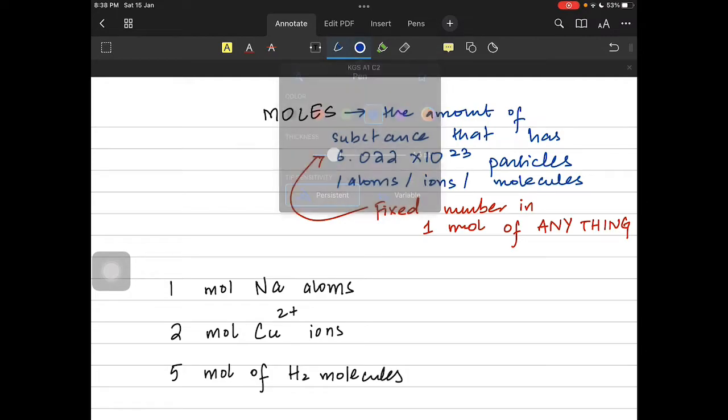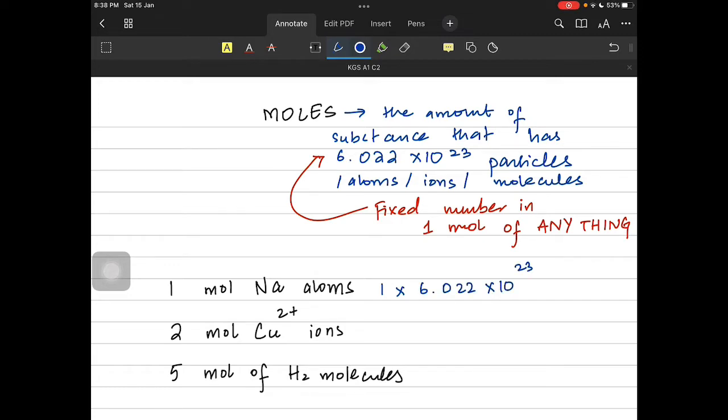Every time we would know that 1 mole of sodium atoms has 1 times 6.022 × 10^23 sodium atoms. The 2 moles would have 2 times 6.022 × 10^23 copper 2+ ions.